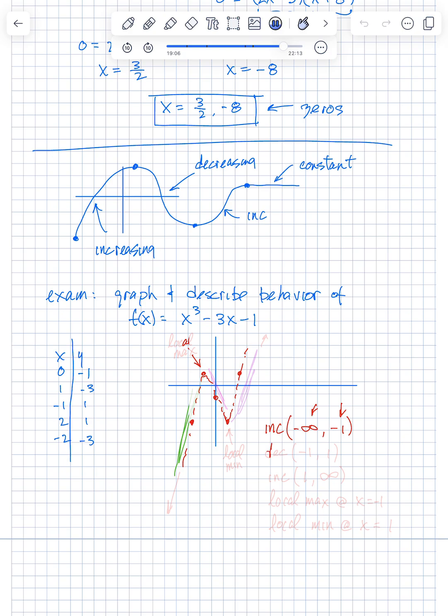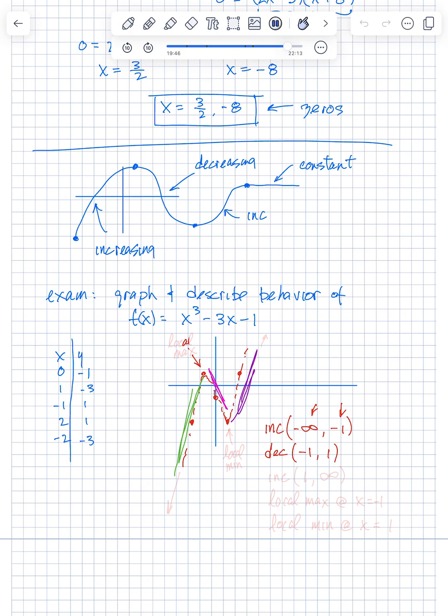And next, it's decreasing on the x value of -1 to the x value of 1. So here's the area where it's increasing, and here's the area where it's decreasing, and then it goes increasing again from here.